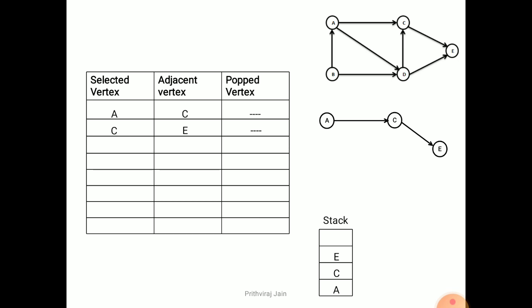Now based on the top element of the stack, we select the next vertex. On the top of the stack we have E, so the next selected vertex is E. Now for E, look at the adjacent vertex. For E there is no adjacent vertex. As we have studied in the steps, if the vertex has reached a dead end, then we have to pop the vertex from the stack.